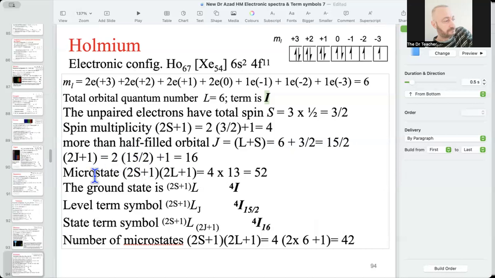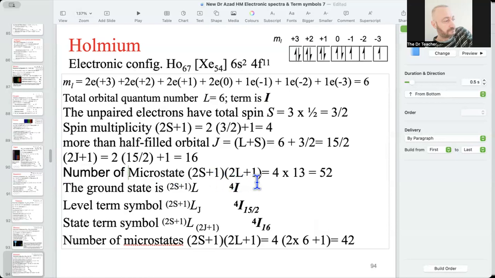Now the number of microstates will be 2S plus 1 times 2L plus 1, so 4 times 13, because 2 times 6 plus 1 is 13. Here it is 4. 4 times 13 is 52.